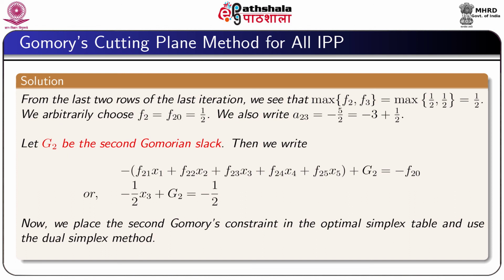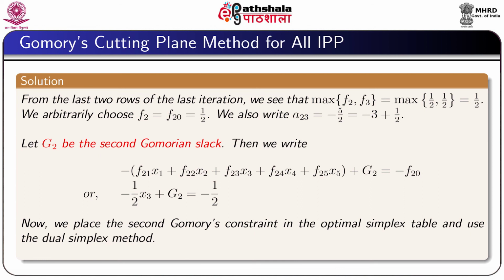From the last two rows of the last iteration, since maximum of f2, f3 is equal to maximum of half and half which is equal to half, we arbitrarily choose f2 equal to f20 equal to half. Also, we write a23 equal to minus 5 by 2 which is equal to minus 3 plus half.